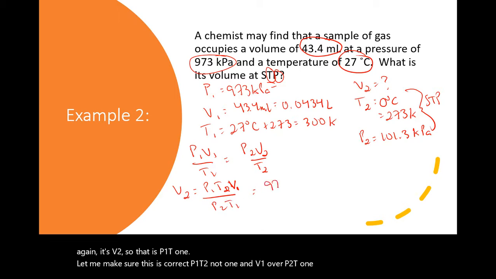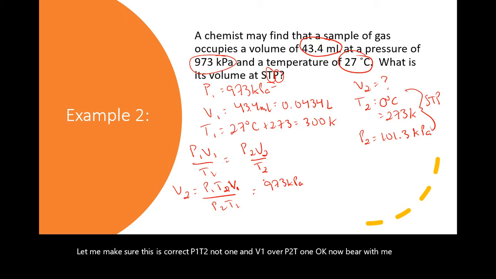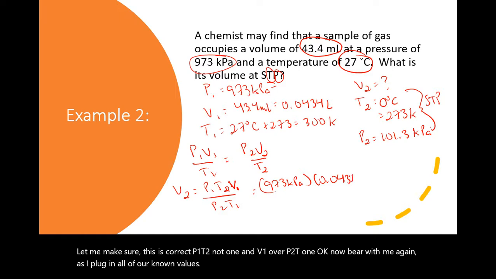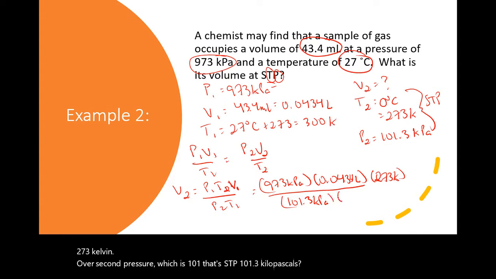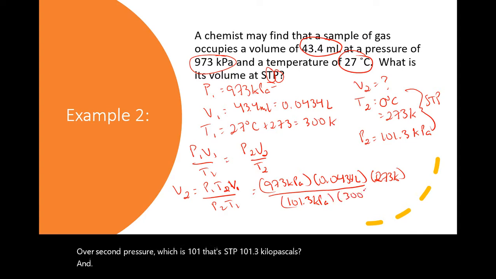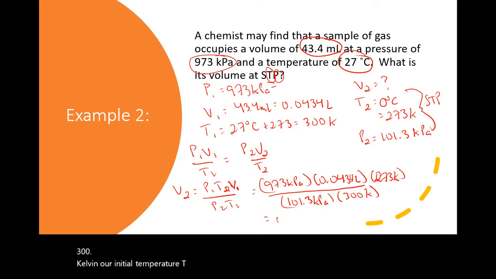Okay, now bear with me again as I plug in all of our known values. 273 Kelvin over our second pressure, which is, that's STP, 101.3 kilopascals, and 300 Kelvin, our initial temperature, our T1. So plug that all in and we get 0.379 liters.